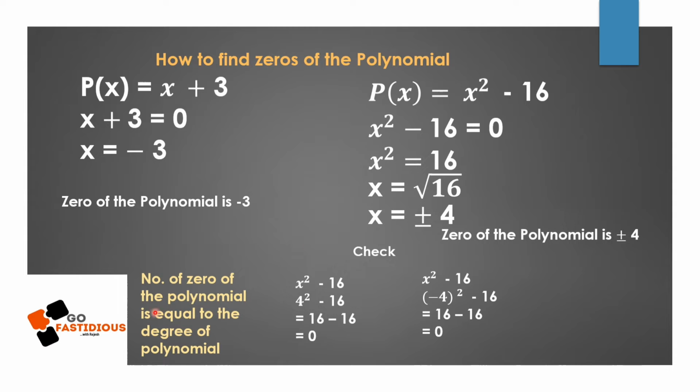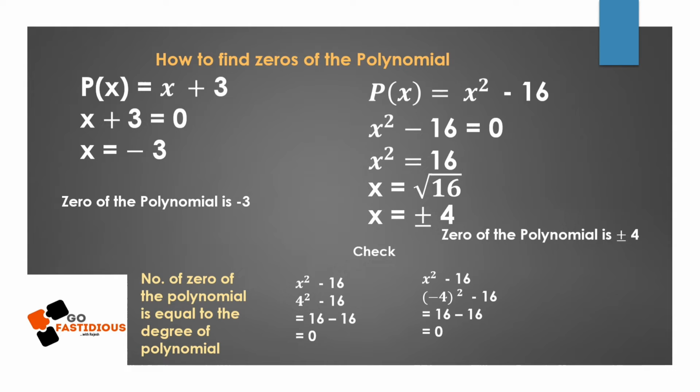It means that the number of zeros of the polynomial is equal to the degree of the polynomial. Whatever degree of the polynomial is there, you will get that many zeros of the polynomial. If the degree is 1, you will get only 1 zero. If the degree is 2, you will get 2 zeros. If the degree is 3, you will get 3 zeros. So I hope you understood with the help of these two questions how to find the zeros of the polynomial.